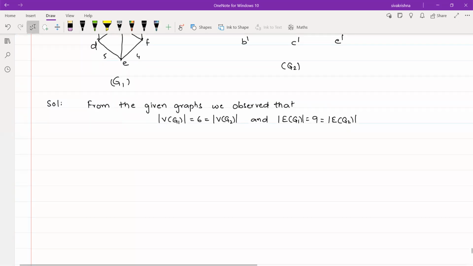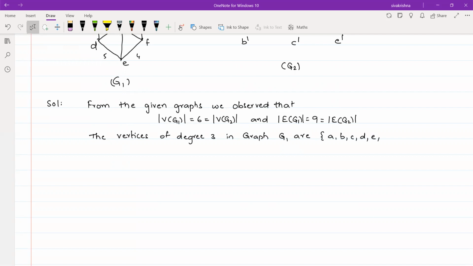The vertices of degree 3 in graph G1 are A, B, C, D, E, F. Yes, we are having all these vertices of degree 3 in graph 1.